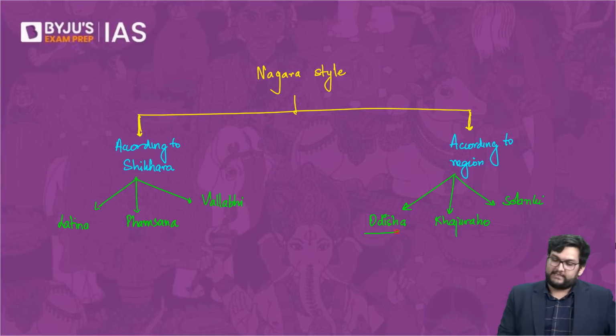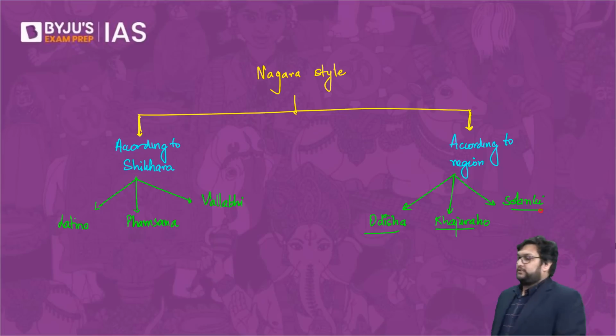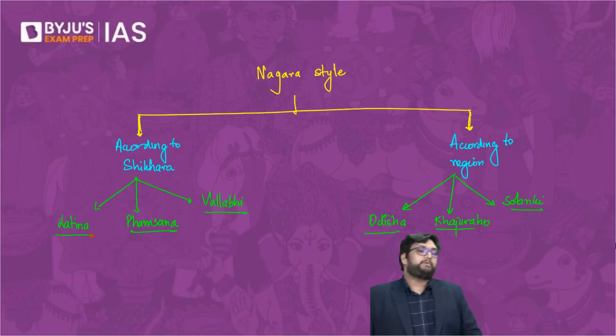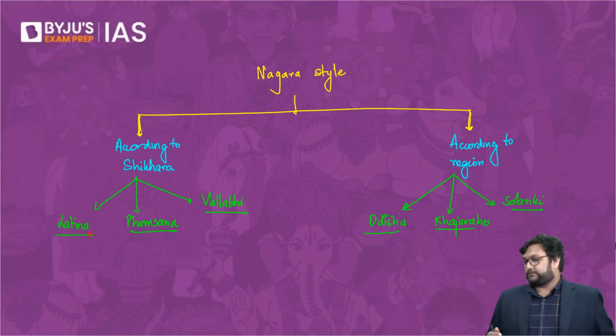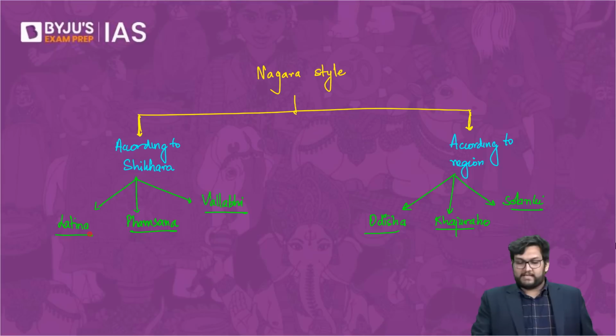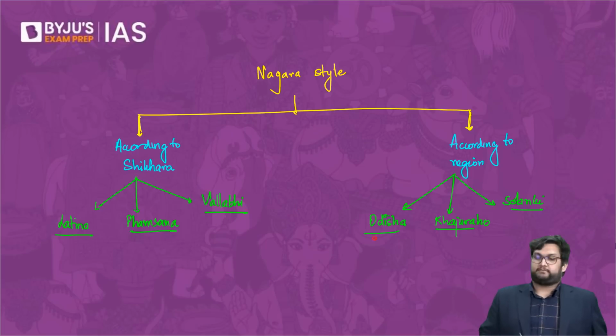So basically, there can be multiple combinations in Nagara because they are not mutually exclusive to each other. So in Odisha, you can have any three. In Khajuraho, you can have any three. In Solanki, you can have any three. So these three schools can further have subdivision based on Shikhar.